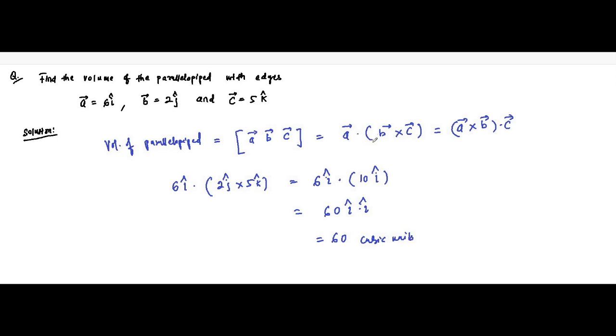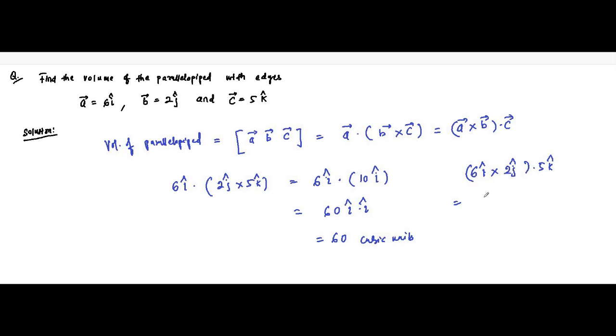Okay, this is through this A vector dot B vector cross C vector. If we go by this method also, we'll get the same result, that is 6i cap cross 2j cap dot 5k cap. So this becomes i cap cross j cap, that gives us k cap.